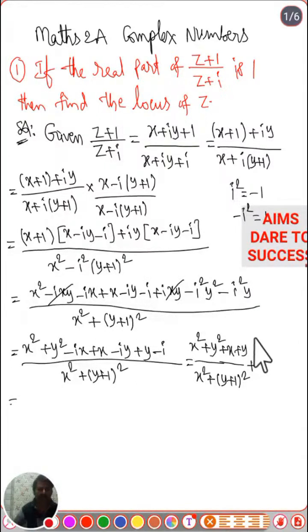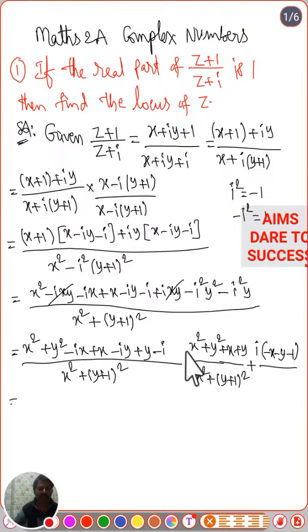From these I am taking i common, remaining values minus x minus y minus 1, divided by x square plus (y plus 1) whole square.